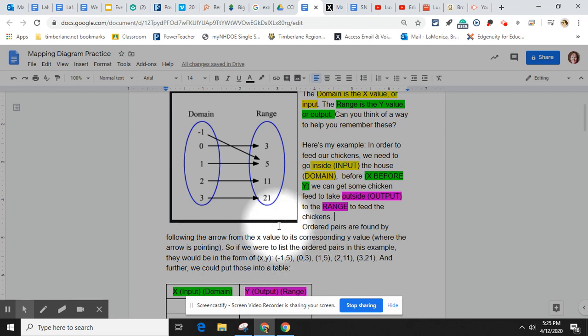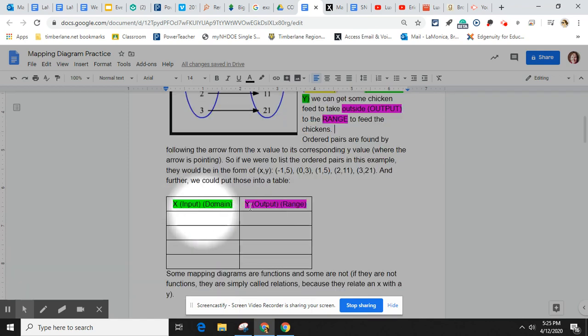So in that order: -1, 5; 0, 3; 1, 5; 2, 11; and 3, 21.